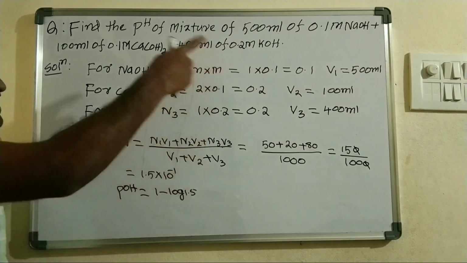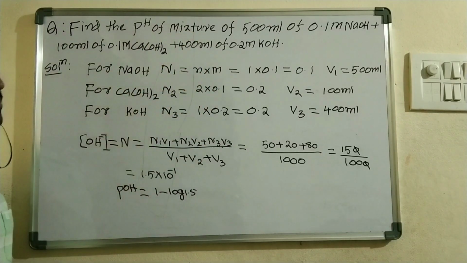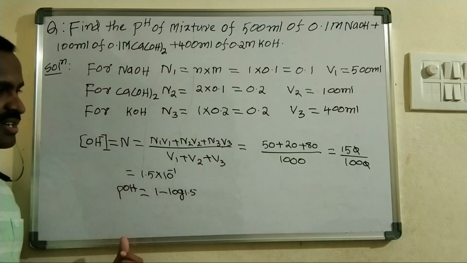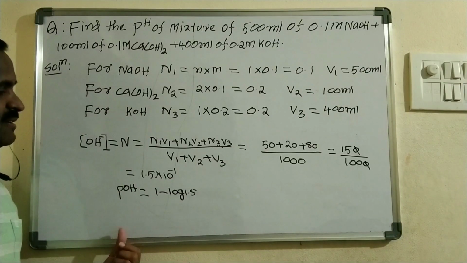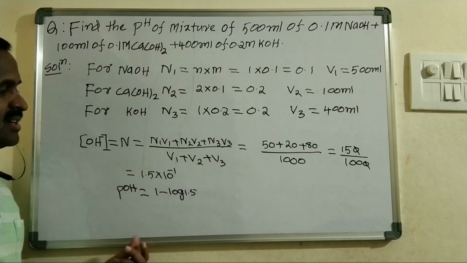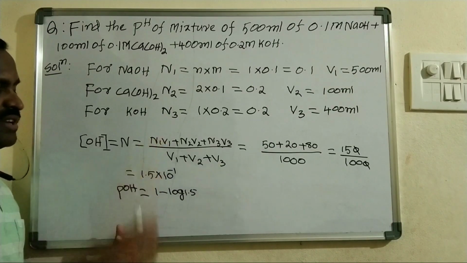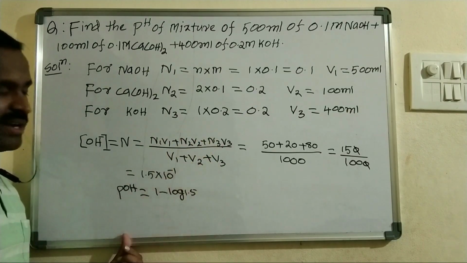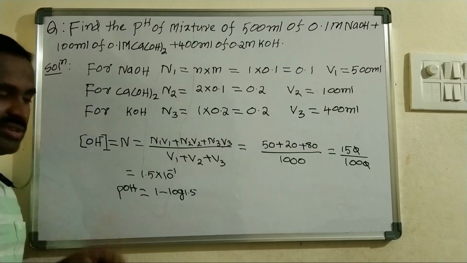So this is a mixture of strong bases, so you can find its OH minus ion concentration, which gives rise to its normality. The normality for the mixture of bases is N1V1 plus N2V2 plus N3V3 divided by V1 plus V2 plus V3.